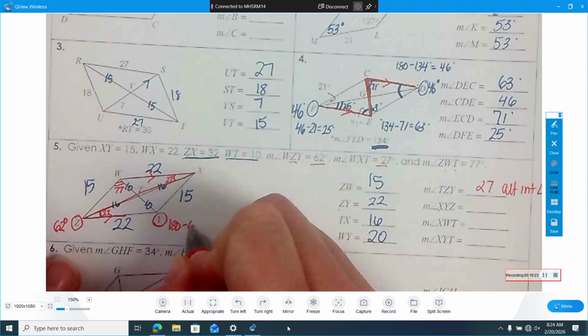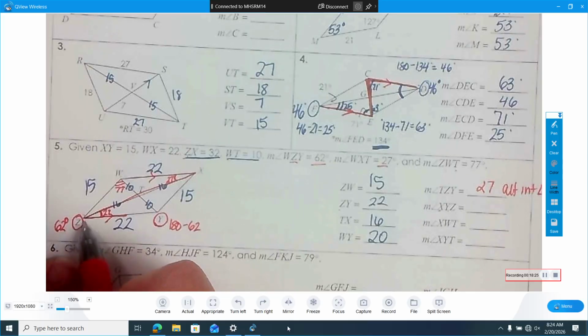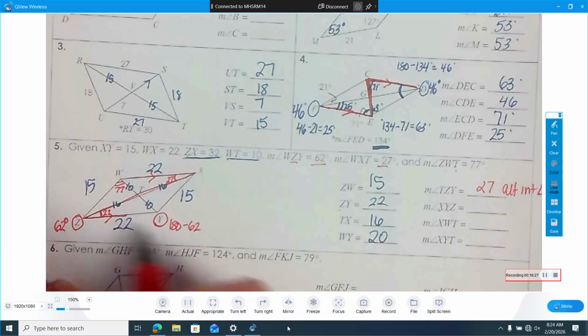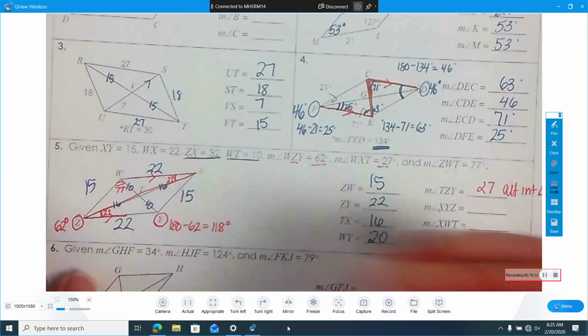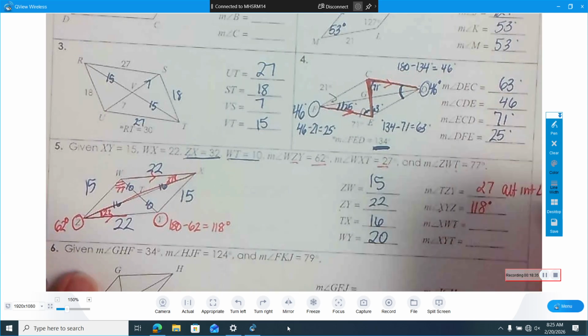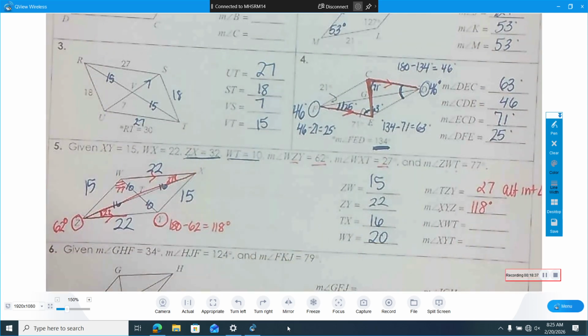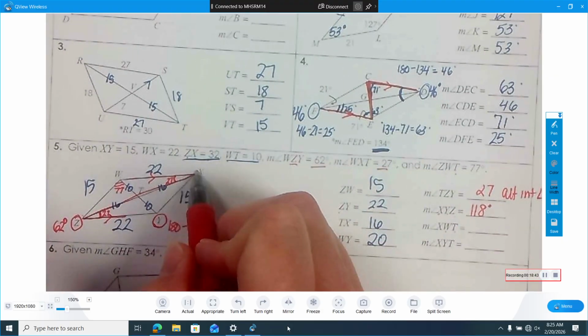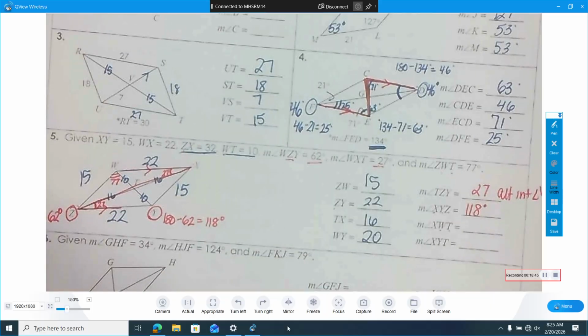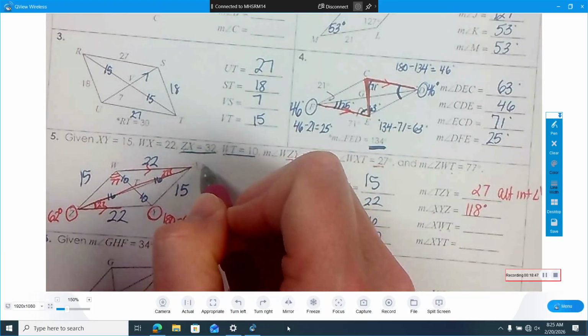Yes, 180 minus 62. The whole angle Z was 62, so Y is going to be supplementary to that. 180 minus 62 is 118. So 118 degrees. They are consecutive angles. They are supplementary. All right, XWT. Now that is just a little baby angle here.